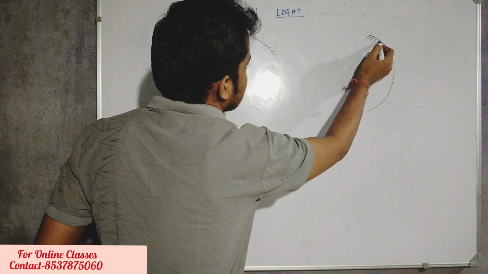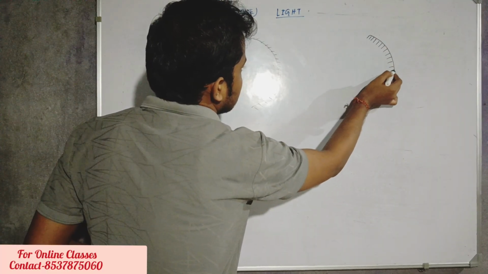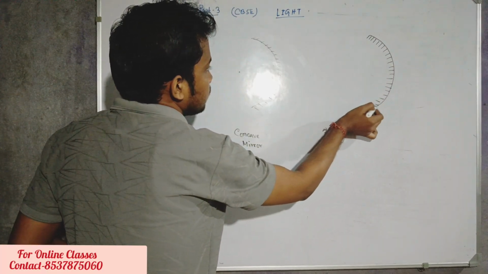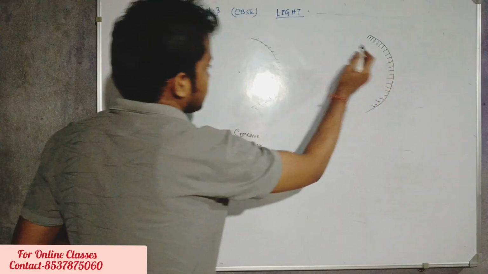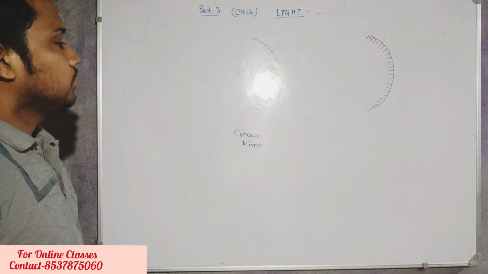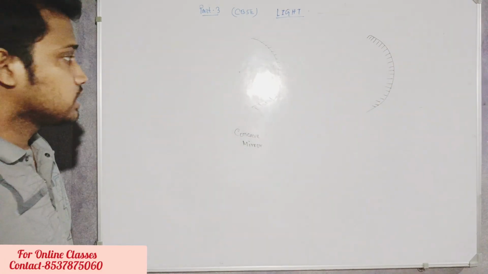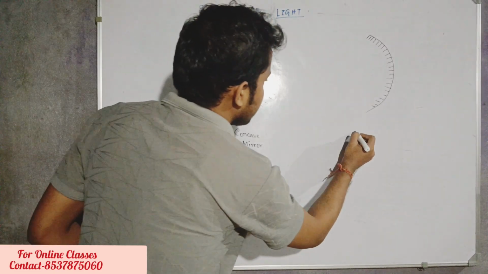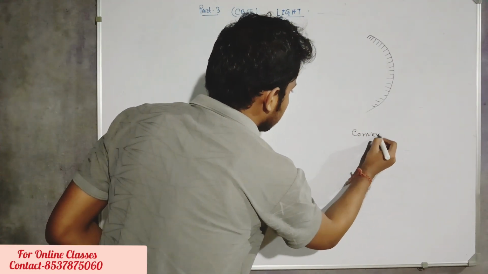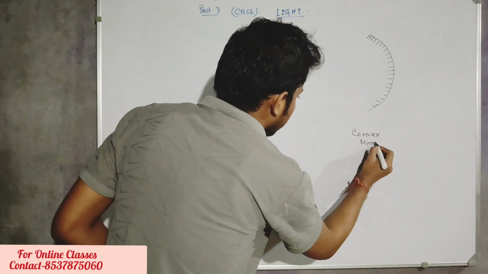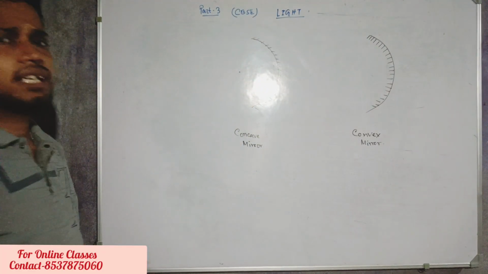Reflecting surface in that one and that side will be. So whatever the mirror is, it can be concave or convex. There are some terms.